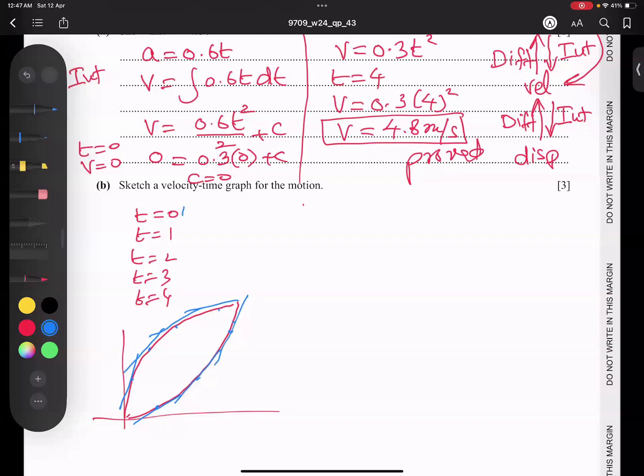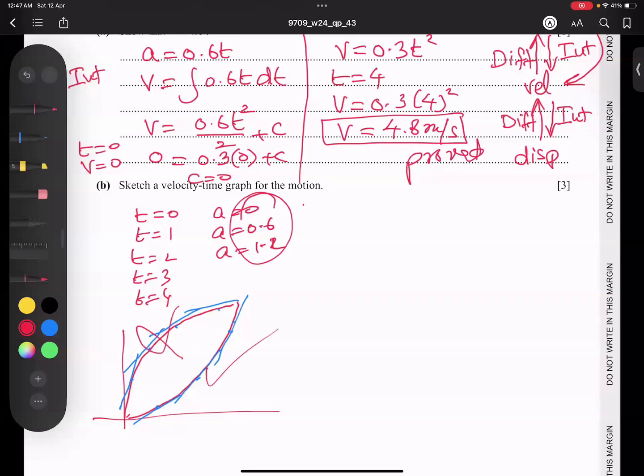So let's see with 0, 1, 2, 3, 4, is acceleration increasing or decreasing? When I plug in 0 here, I get acceleration 0. When I plug in 1, I get 0.6. When I plug in 2, I get 1.2. Okay, it means acceleration is increasing. So this is not the right choice, this is the right choice.